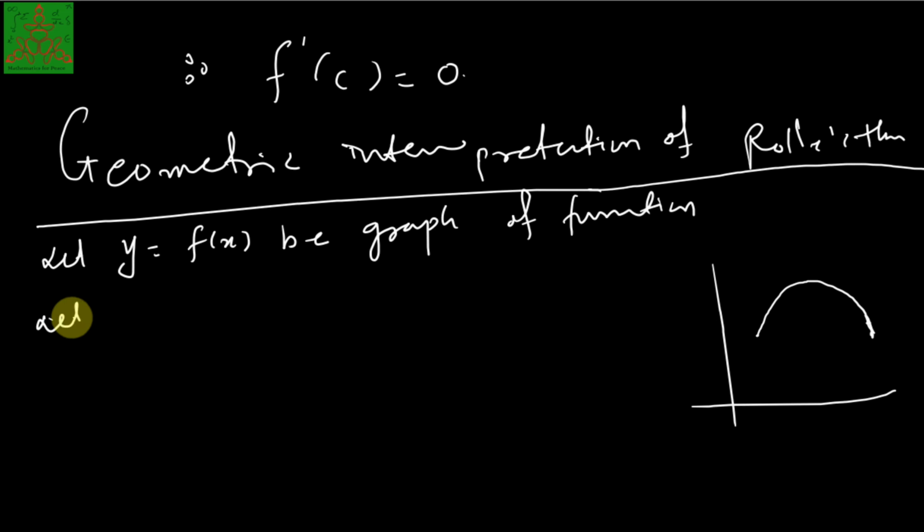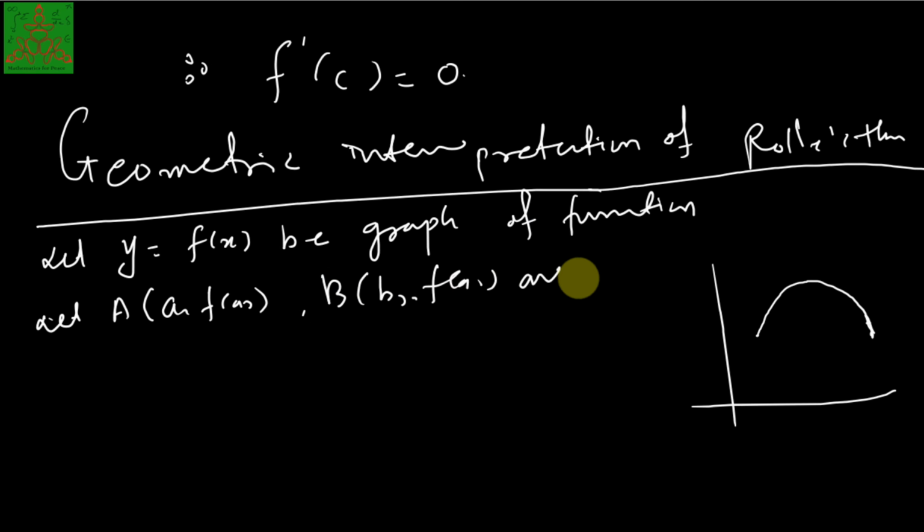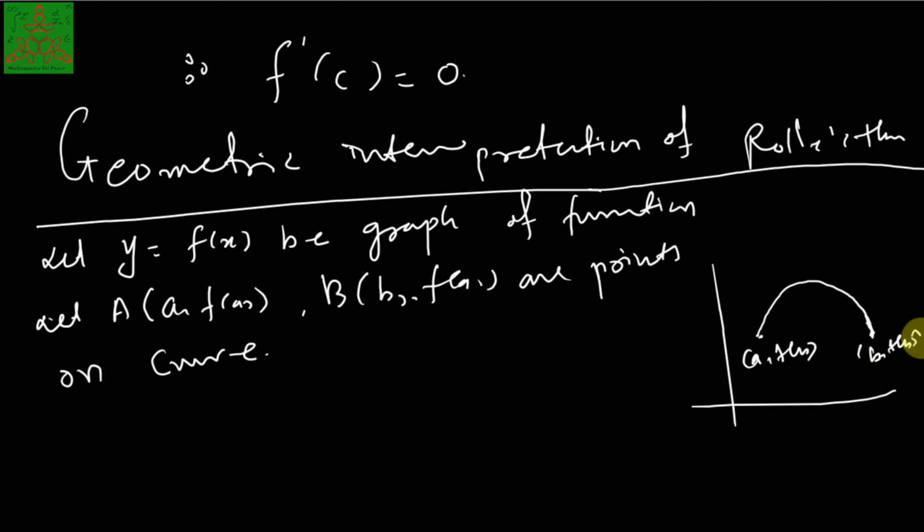Let a comma f of a and b comma f of b be two points on the curve. So this is the point a comma f of a and this is the point b comma f of b.